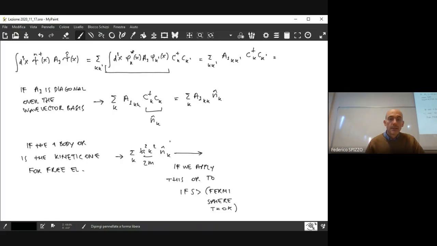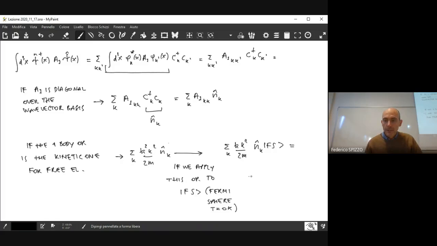At this point, what is the expectation value? If we apply that to the Fermi sphere, the expectation value of n over the Fermi sphere is 1 if k is within the Fermi sphere, 0 if k is outside.